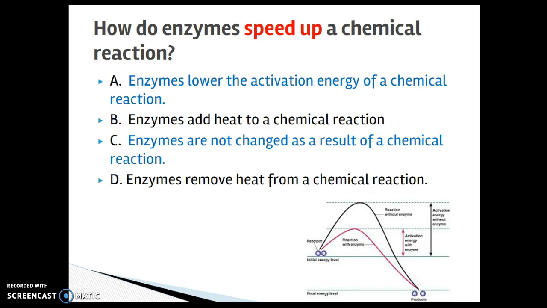So therefore, we have to go back to A. Enzymes lower the activation energy of a chemical reaction, as seen in this picture right here. There is the reactant, here's the reaction without an enzyme, and you can see how much time it took. And then with an enzyme, we have the reaction that lowered the activation energy.